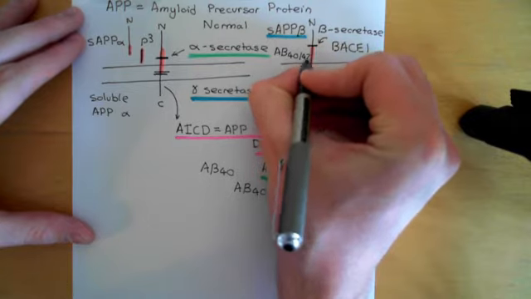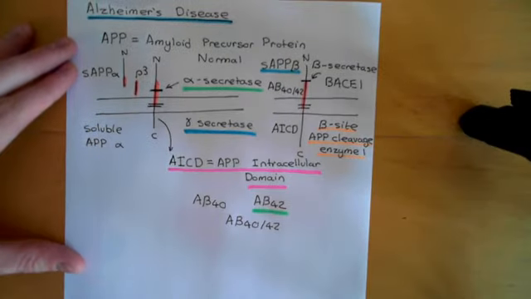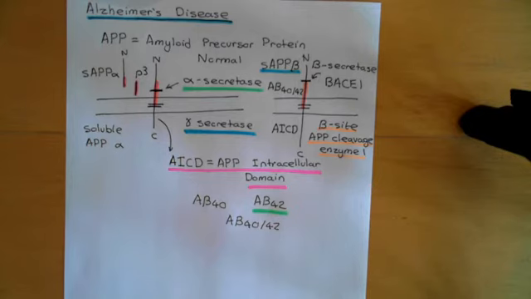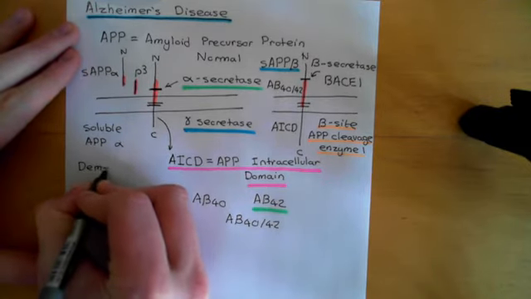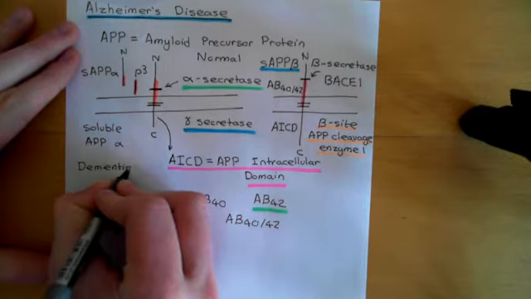So you get extracellular amyloid plaques forming between the neurons, and these seem to be driving the neurodegenerative process of Alzheimer's disease. So they somehow cause neurons to start degenerating, and this leads to the dementia that is seen in Alzheimer's disease. And what does dementia involve?